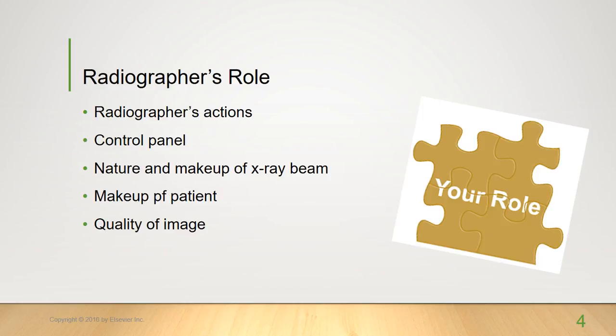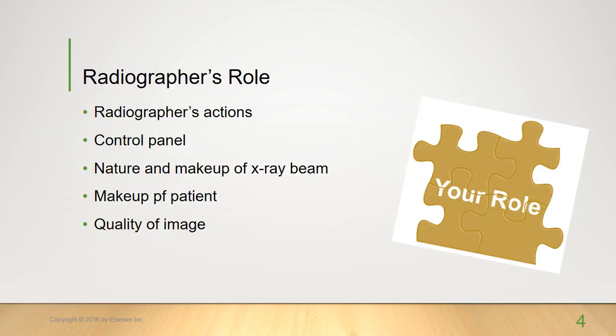The radiographer's actions at the control panel are the ones that directly determine the nature and the makeup of the X-ray beam. The nature and makeup of the beam, in conjunction with the patient, the image receptor, and the processing, determines image quality. So all that together is what determines if you have a good image or a bad image.